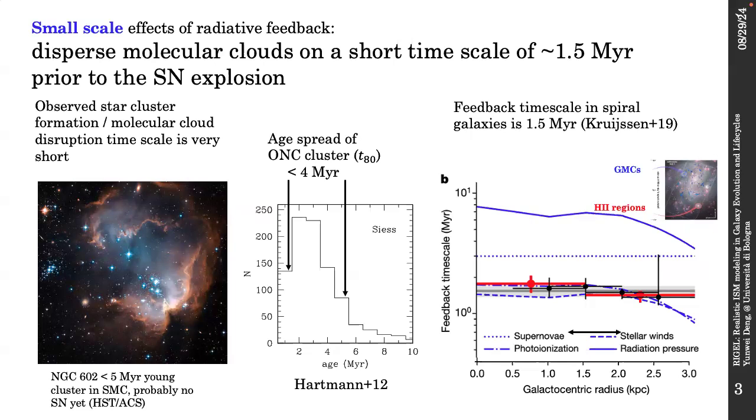And zooming out to a galaxy scale, recent observations of the spatial decorrelation between the GMCs and the HII regions or young clusters in nearby galaxies have also shown that the time scale of feedback dispersing the GMC is maybe as short as 1.5 megayears.